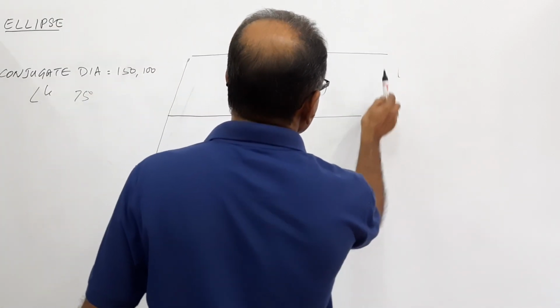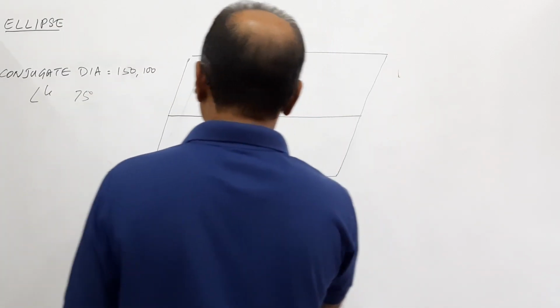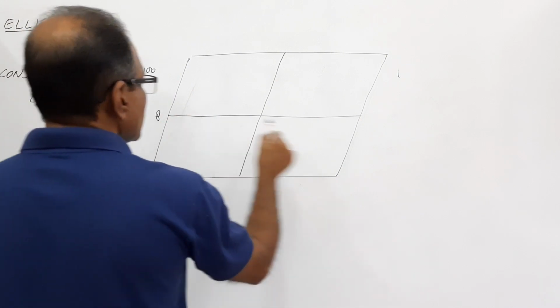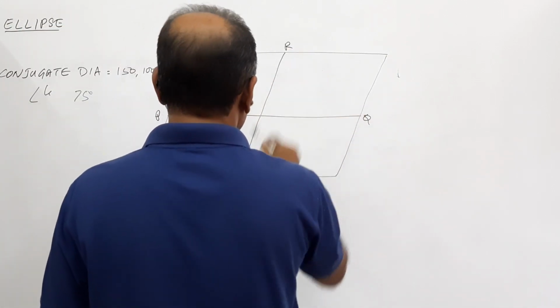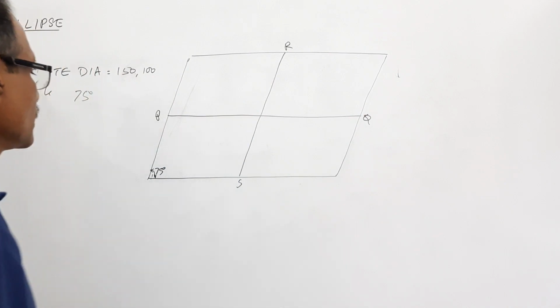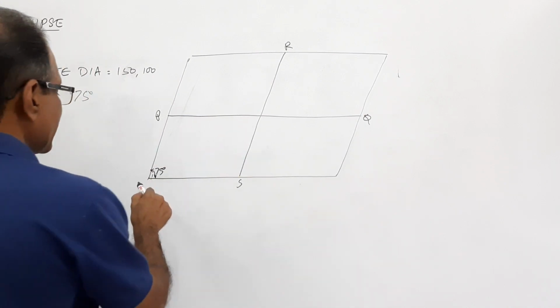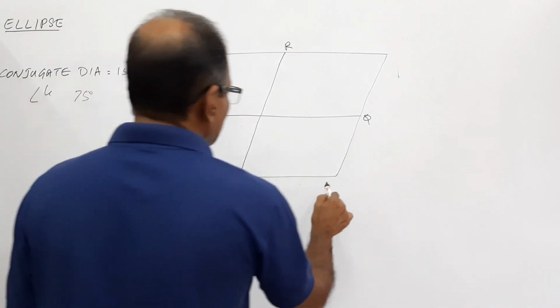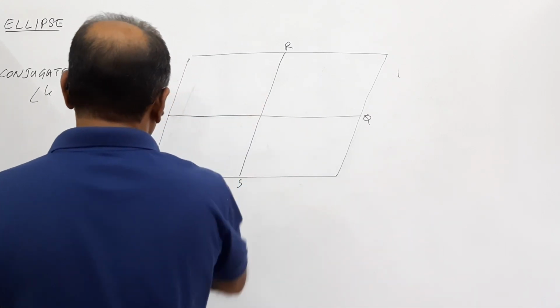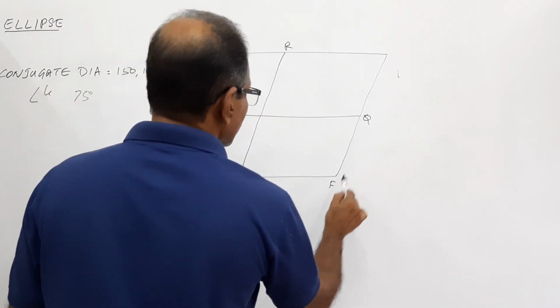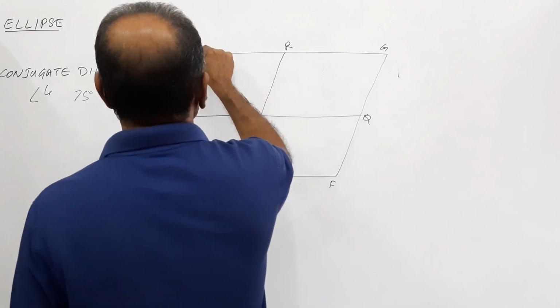Agreed? Then I call this P, Q, R, S. The parallelogram you have constructed can be represented as E, F, G, H.